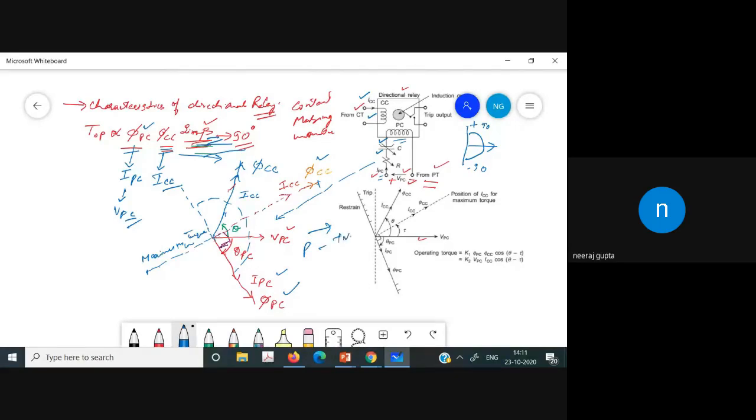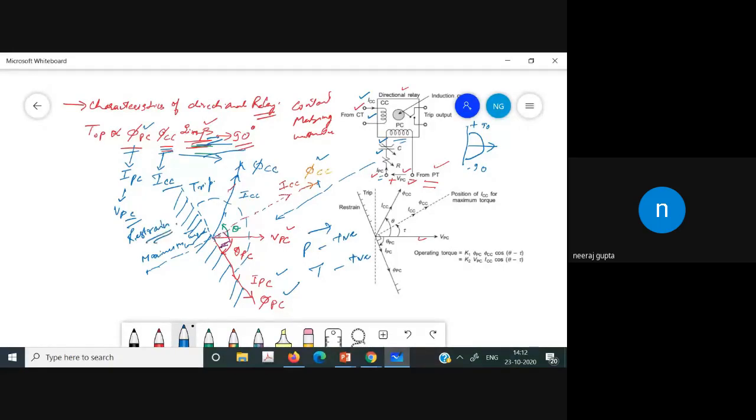If power is positive, then the torque is positive, and as a result we can call it a trip region. Here it will trip. And the region in which the angle is greater than plus or minus 90 is known as the restraint region.